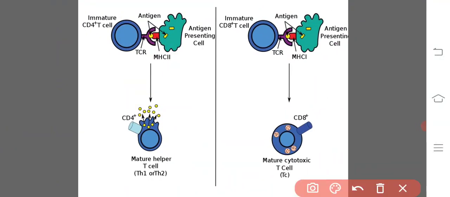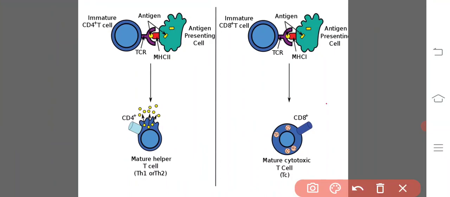As we know, MHC restriction is always related to the antigen presenting cells. In general, MHC class 1 molecules are present on all the nucleated cells. They present all these antigens to the cytotoxic T lymphocytes.